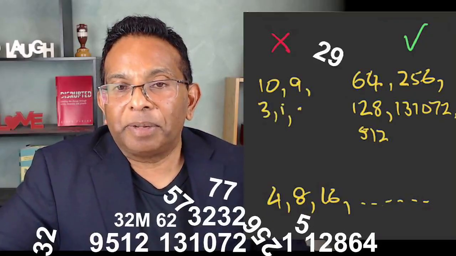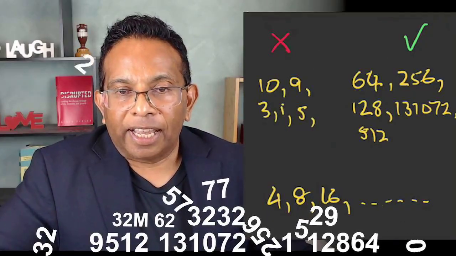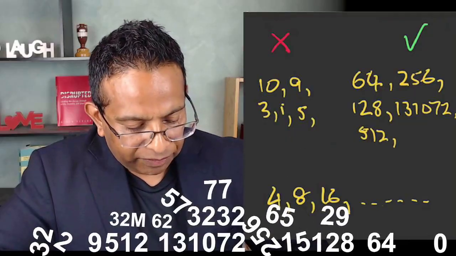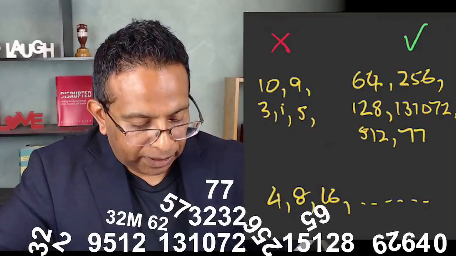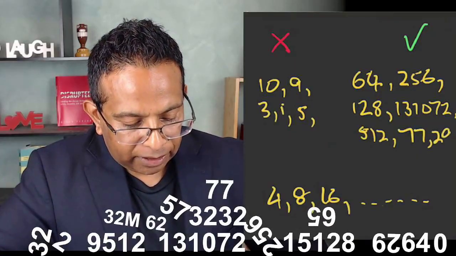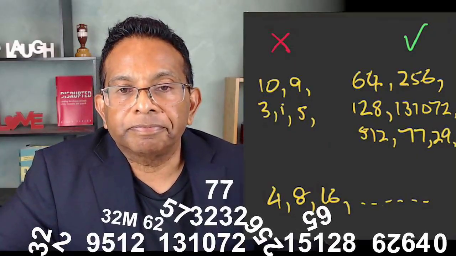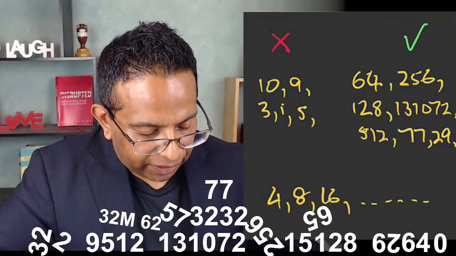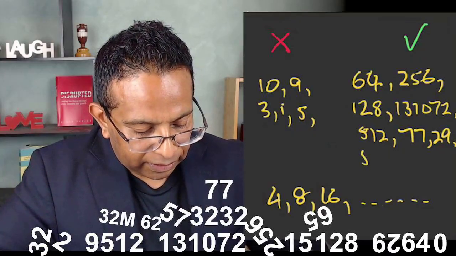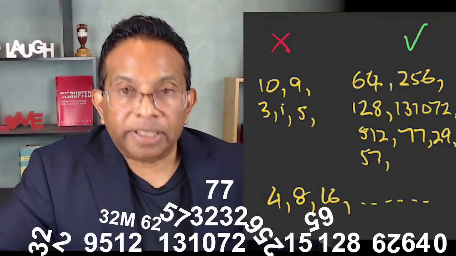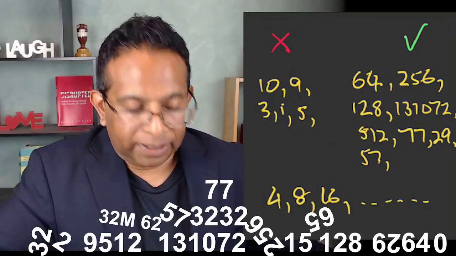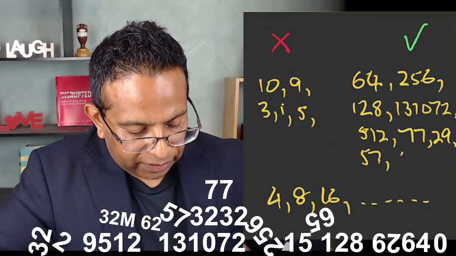Okay, I think people are kind of coming to something. I can see 77. 77 is in the sequence. I can see a 29. 29 is in the sequence. 57 is in the sequence. I think some people are changing what they had in their mind. 65 is in the sequence.